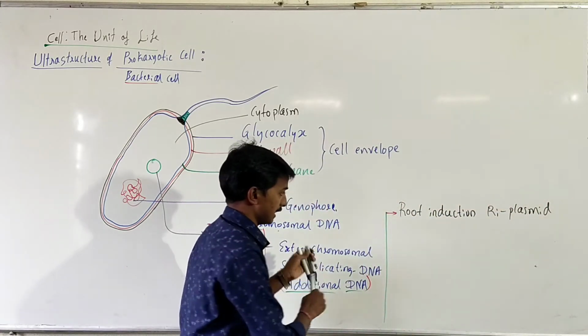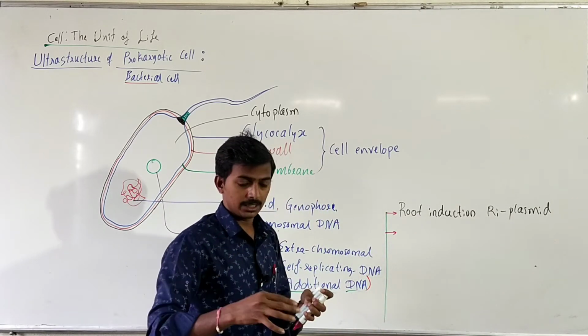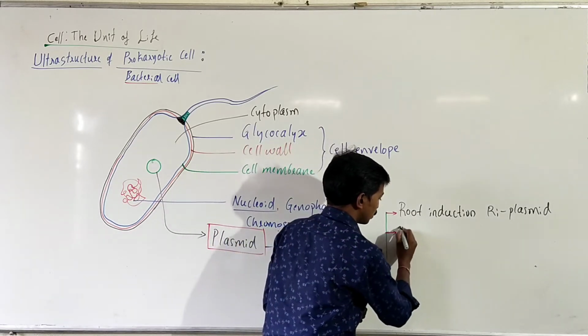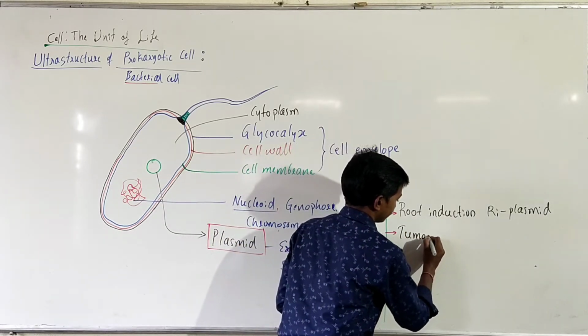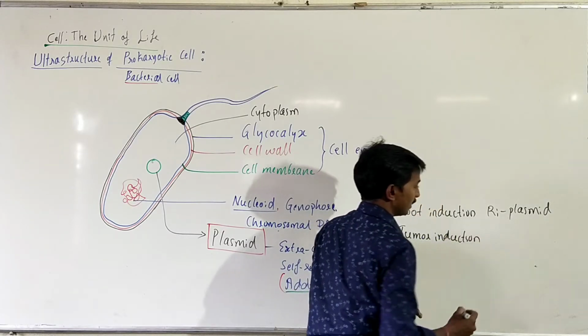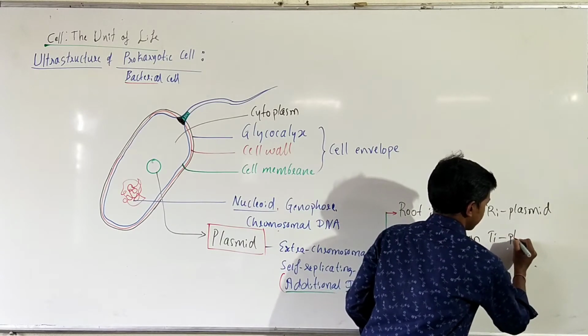Then, in some bacteria like Agrobacterium tumefaciens, the plasmid helps in tumor induction. Tumor inducing, then it is called as a TI plasmid.